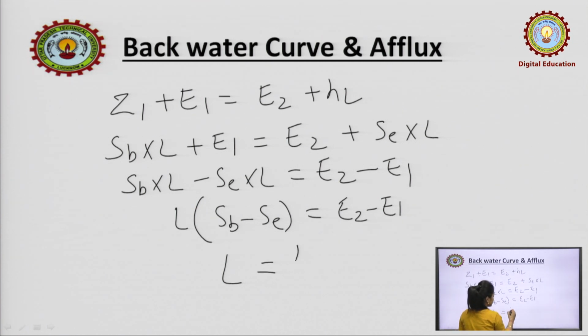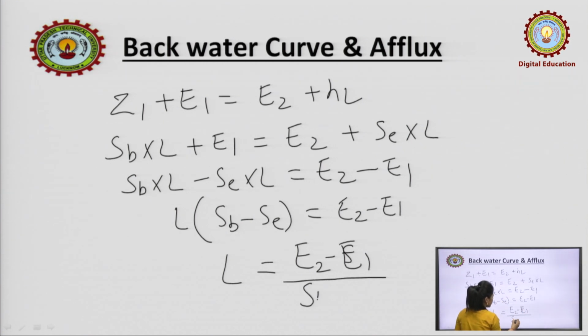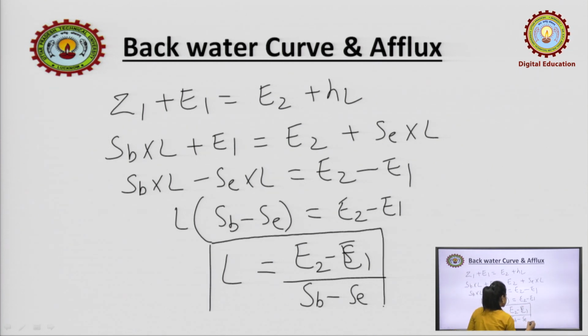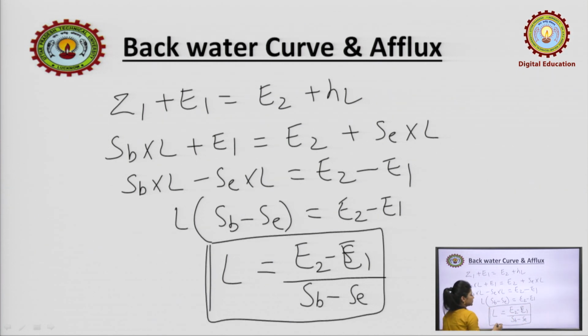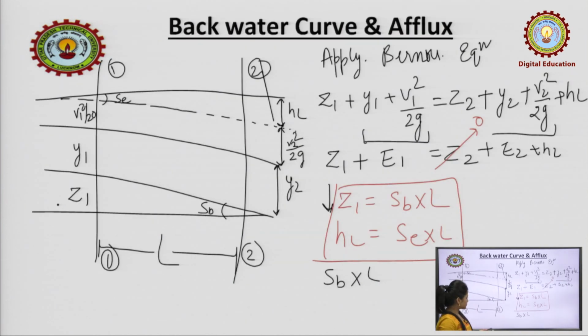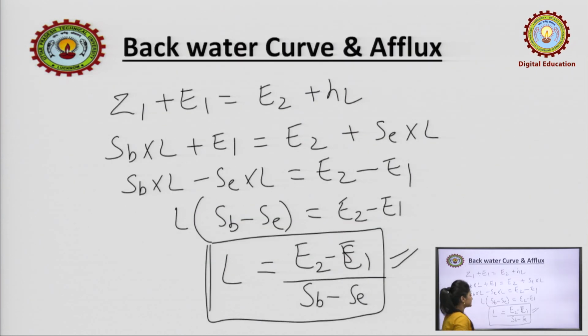Lastly, you get L as the change in specific energy, E2 minus E1, divided by the change in slope. The bottom slope and energy slope will give you the length of the backwater curve. This is how we calculate the length of any channel where backwater curve formation is observed.